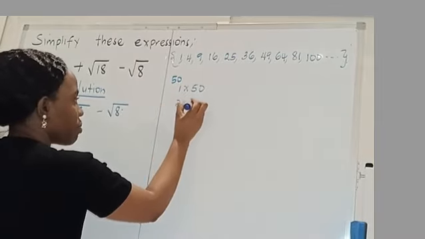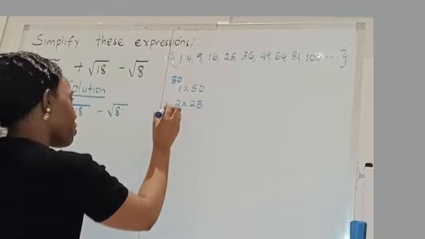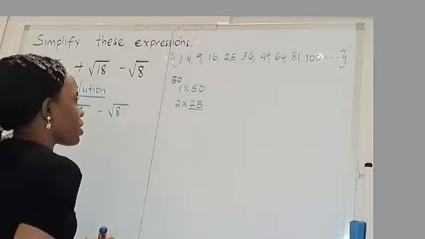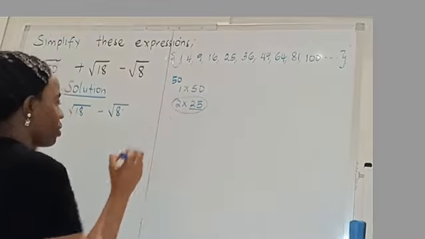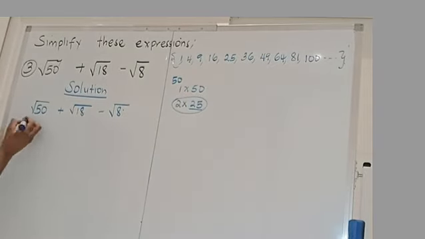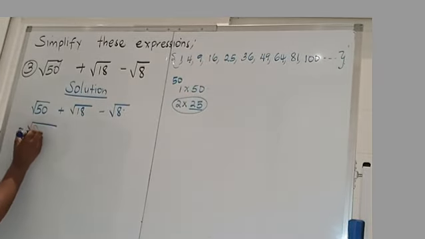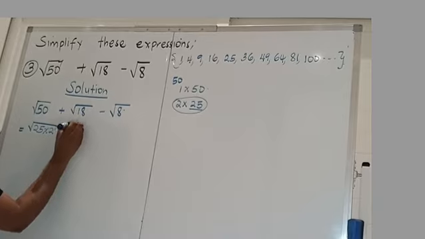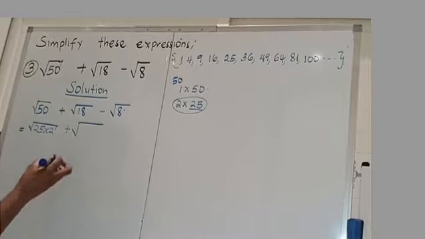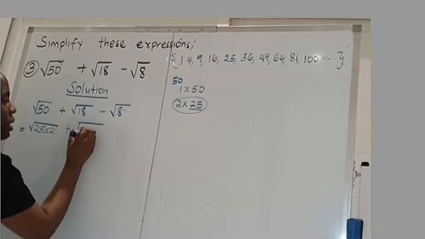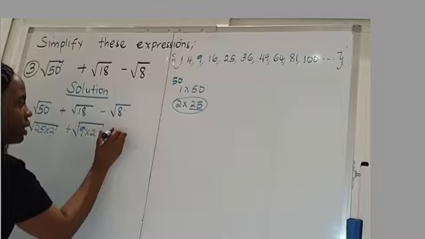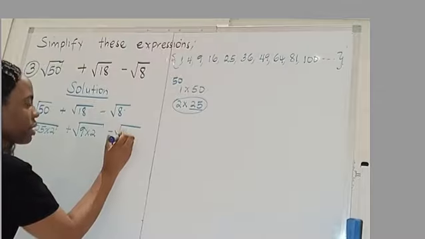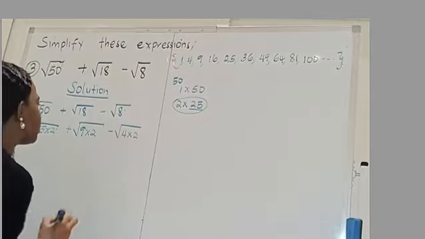Then we have 2 times 25, we get 50. Now because 25 is a square number, let me go with these ones. So I will have root 25 times 2 plus root 18. We said that this is the same as 9 times 2. Minus root 8 is the same as 4 times 2.